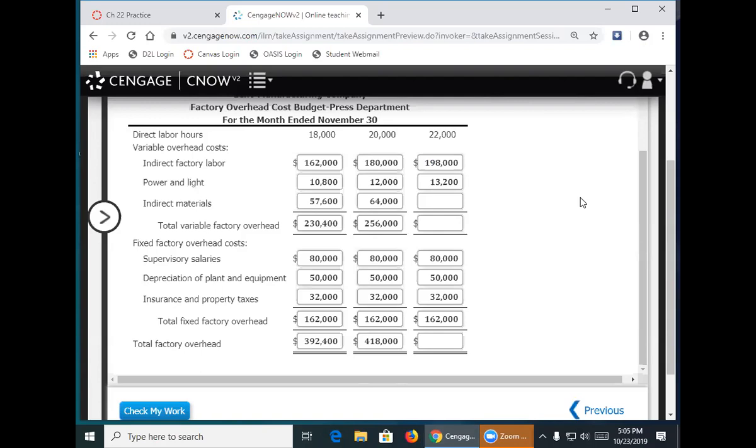And then indirect materials are $3.20 times 22,000, which is 70,400. So total variable overhead is 281,600. And then variable plus fixed, our total overhead should be 443,600.